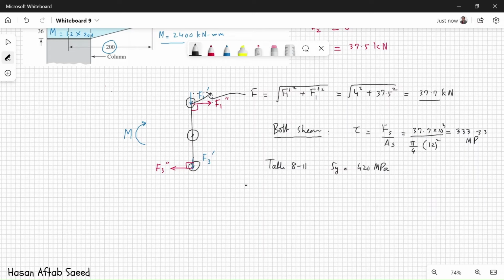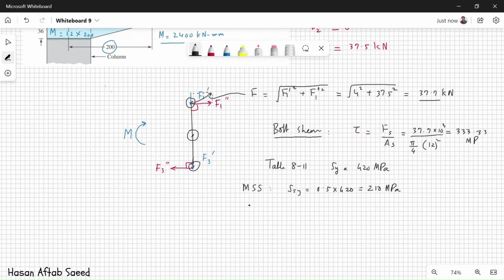If we use the maximum shear stress theory or the Tresca theory, then we simply multiply this by 0.5 to get the yield strength in shear. 0.5 into 420, which is 210 megapascals.